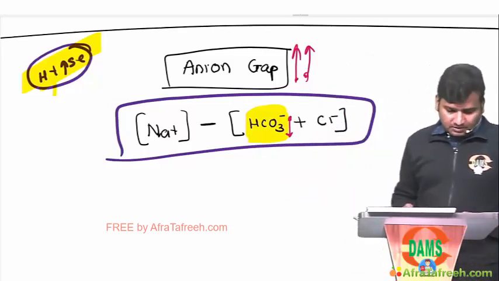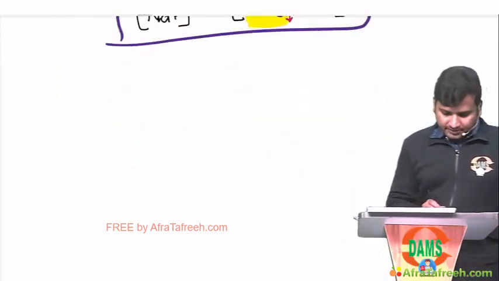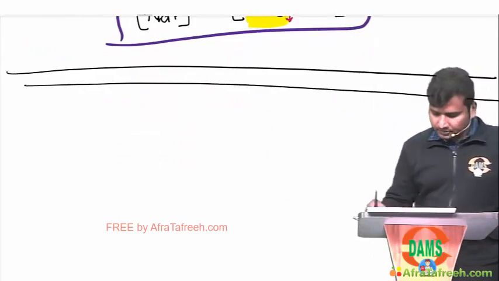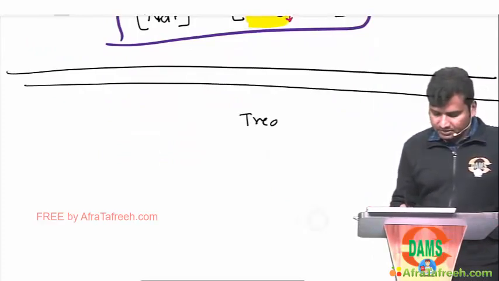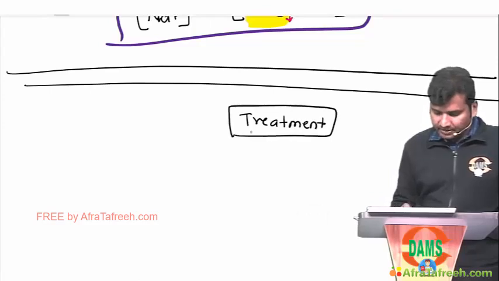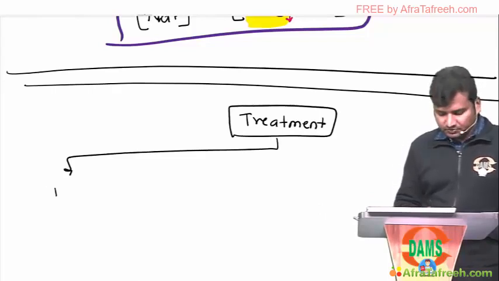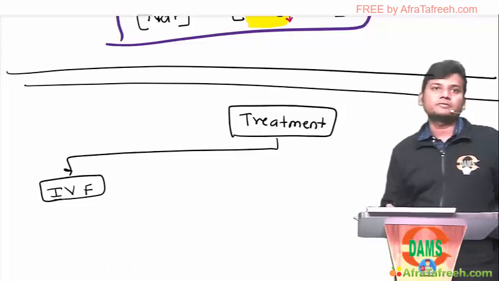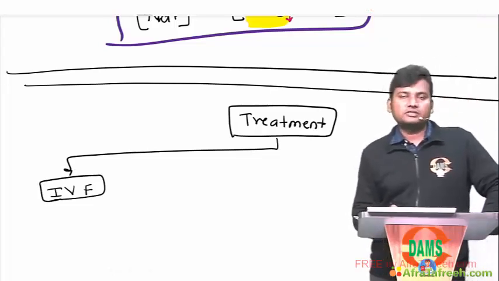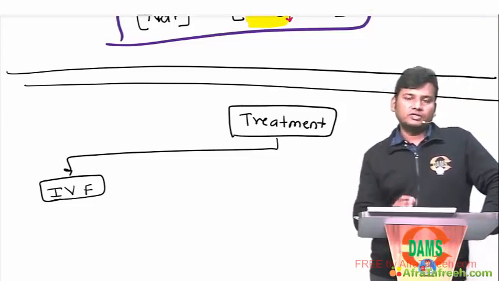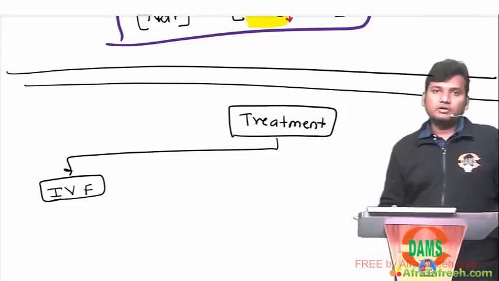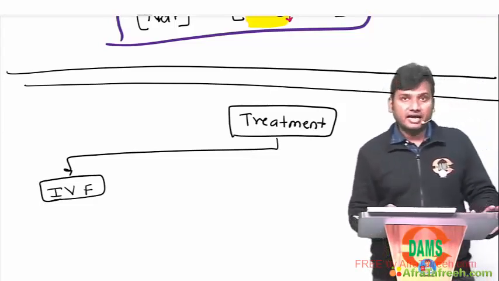Okay. Now, treatment. Treatment of diabetic ketoacidosis consists of three important points. First important point is intravenous fluids or intravascular fluids. We will give a lot of IV fluids like normal saline because patient is severely dehydrated.